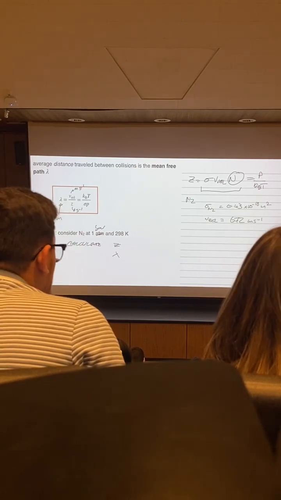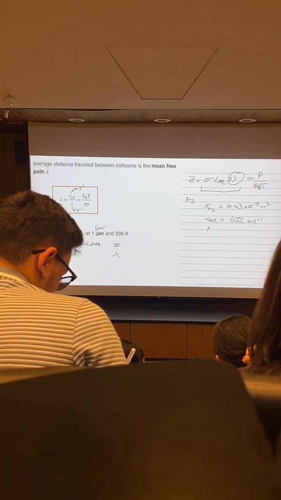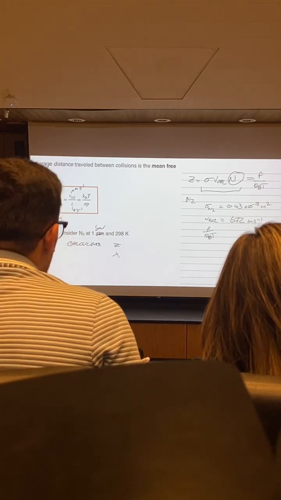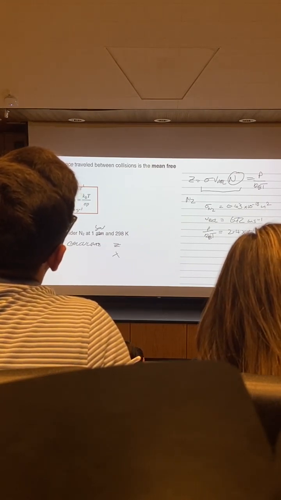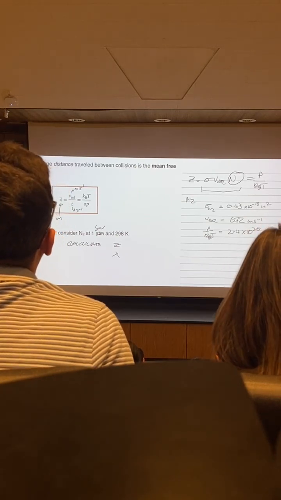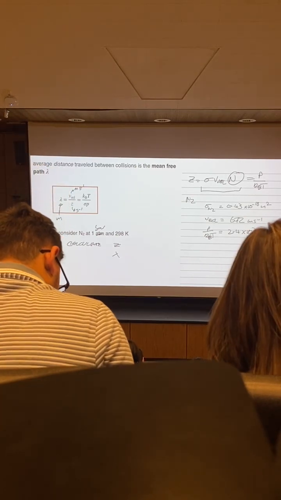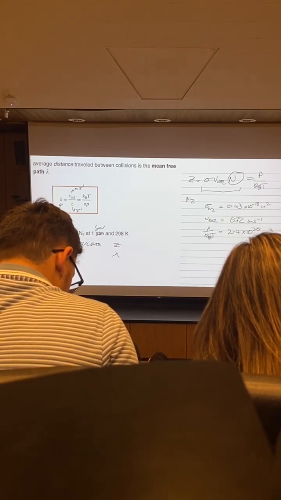And we've just seen the number density under equivalent conditions: P over kT is about 2.4 times 10 to the 25 molecules per cubic meter. I can just take the product of these three numbers to calculate the collision frequency.